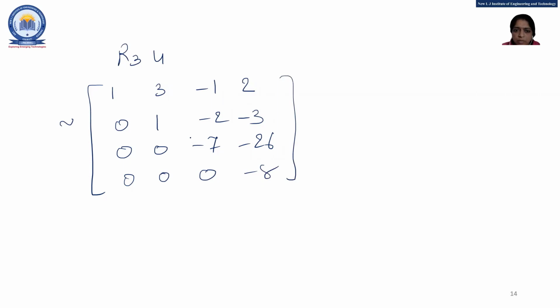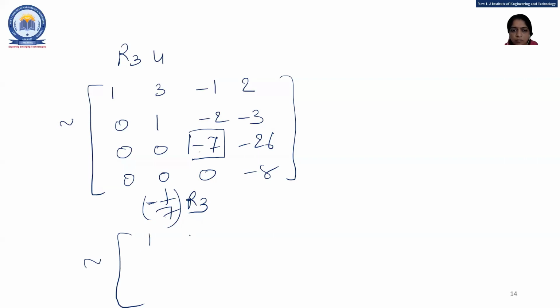Now, it should be our leading element for the third column. So I'm going to apply to the third row, that is -1 by 7, the third row with -1 by 7. So after doing this operation, what is my matrix?